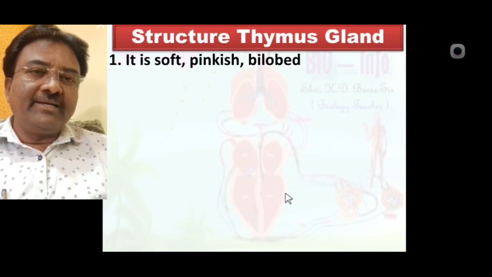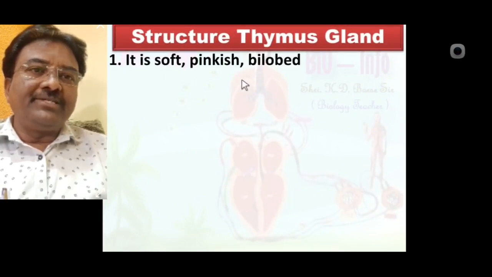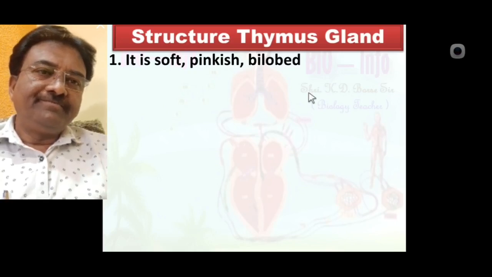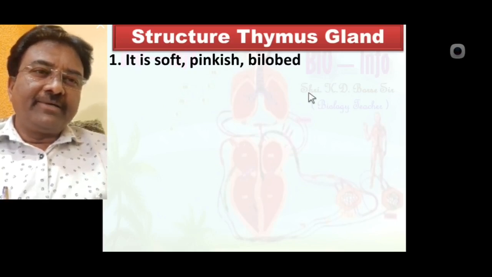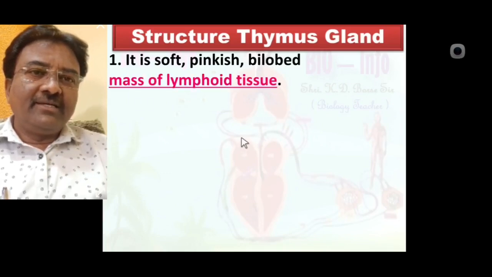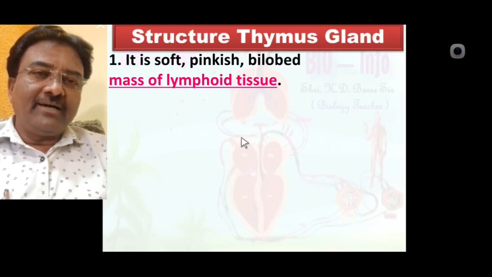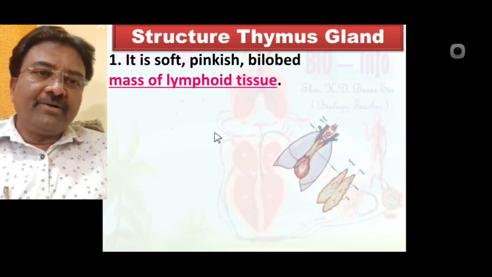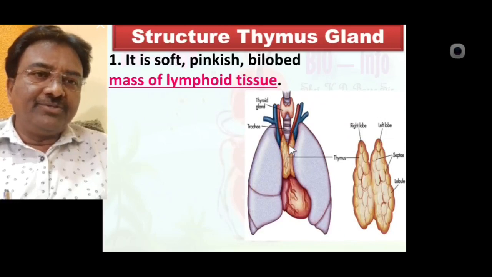Structurally, it is soft, pinkish, and bilobed, with right and left lobes. The thymus gland is a mass of lymphoid tissue, because it contains a mass of lymphoid tissue.